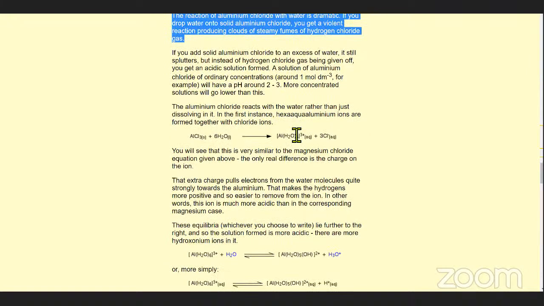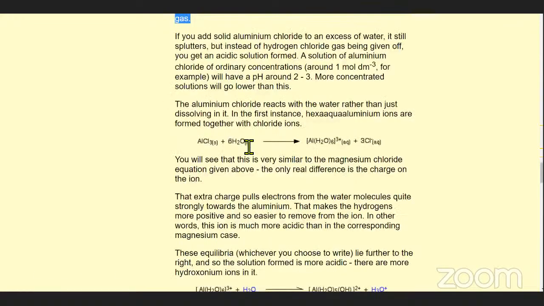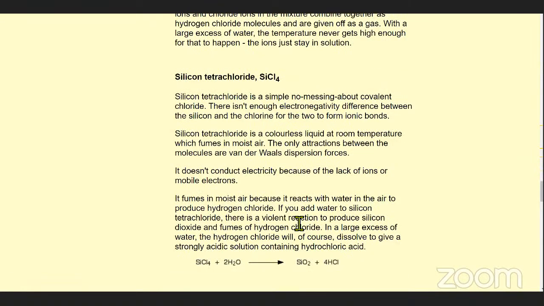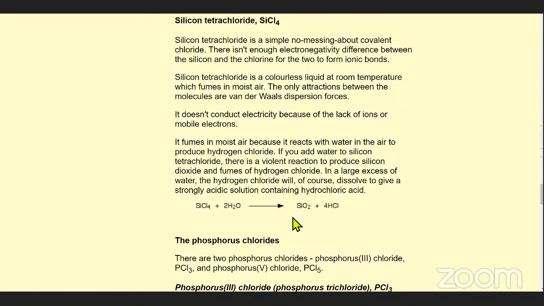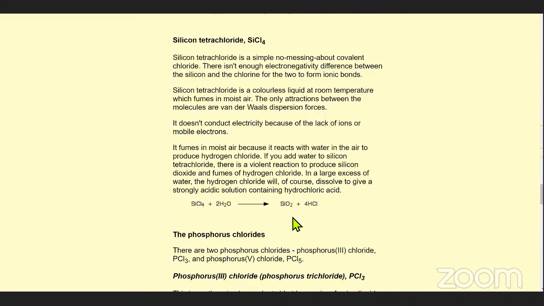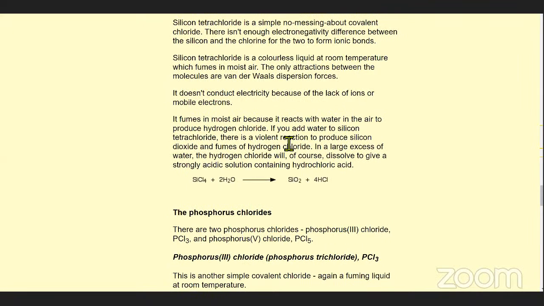So here AlCl3 and SiCl4 are almost going to have the same reaction. We're just going to study a bit because the things are very similar. It also fumes. There's a violent reaction, exactly the same reaction.